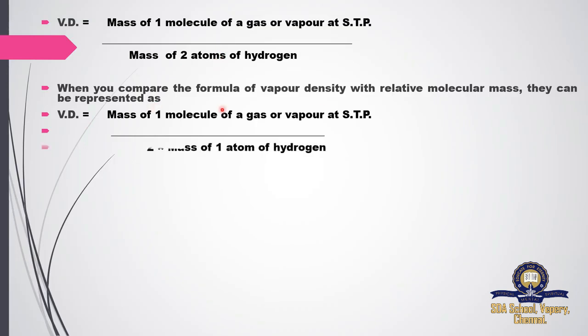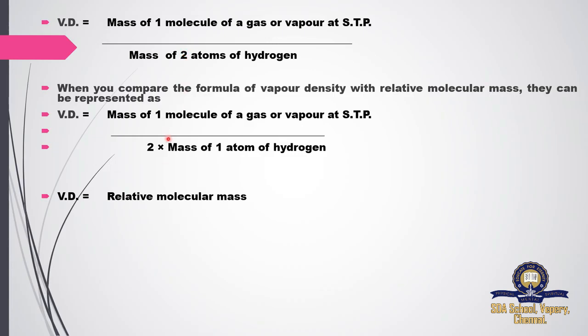When you compare the formula of vapor density with relative molecular mass, it can be represented as: vapor density is equal to the mass of one molecule of gas or vapor at STP divided by 2 into the mass of one atom of hydrogen. We are separating the 2 from the above equation.